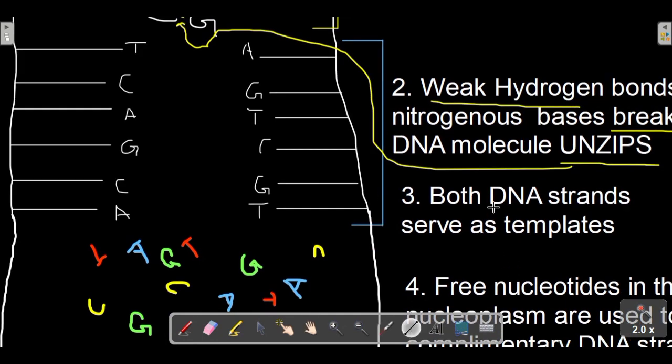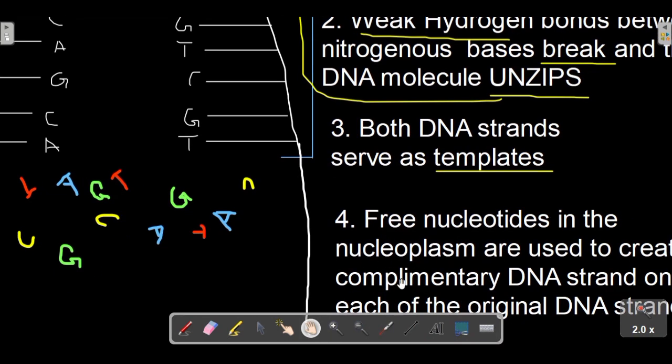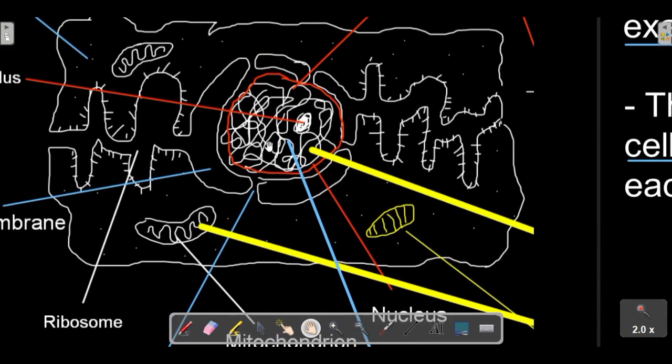Now these two serve as templates such that the free nucleotides that you have in the nucleoplasm can bond. Where is the nucleoplasm? Let's go back there. We said this is the nucleus, right?